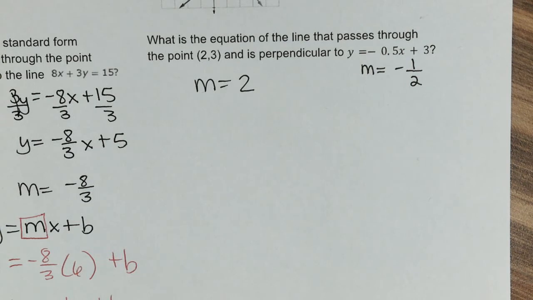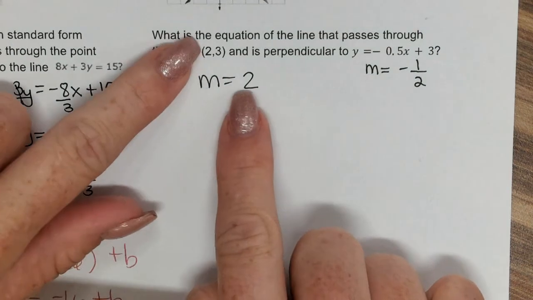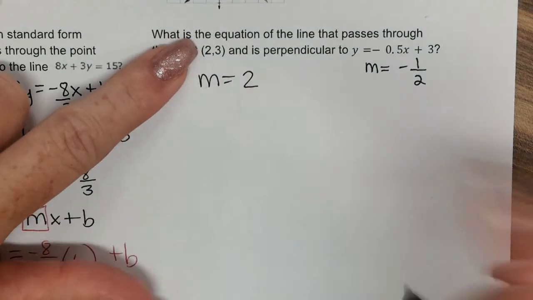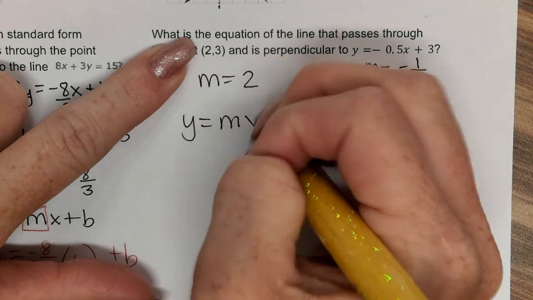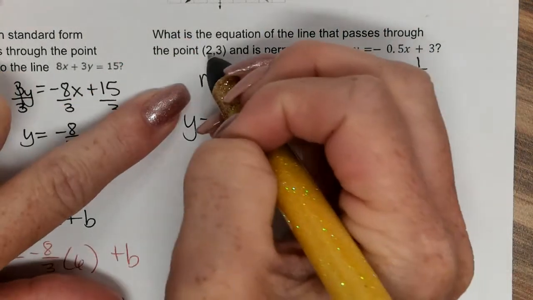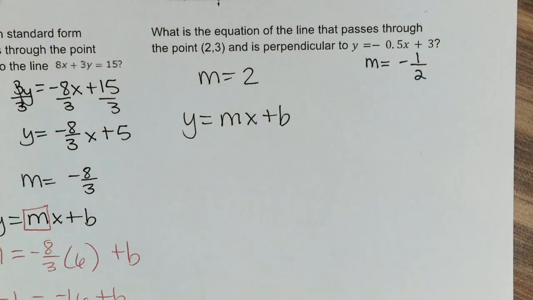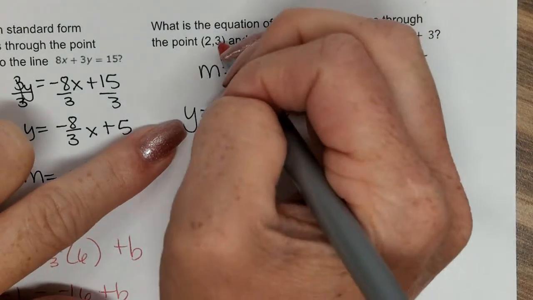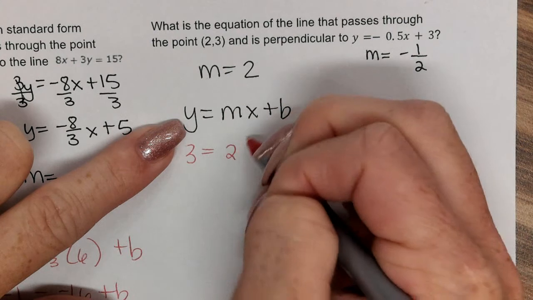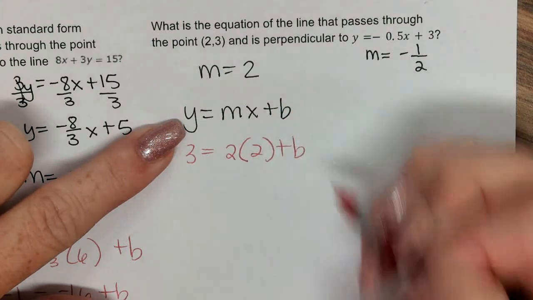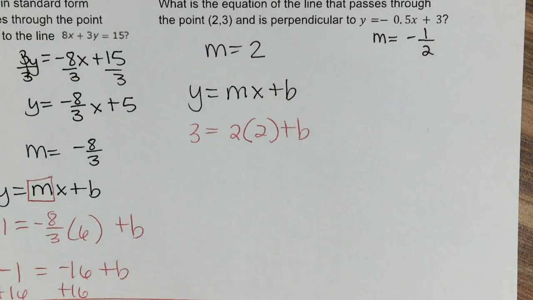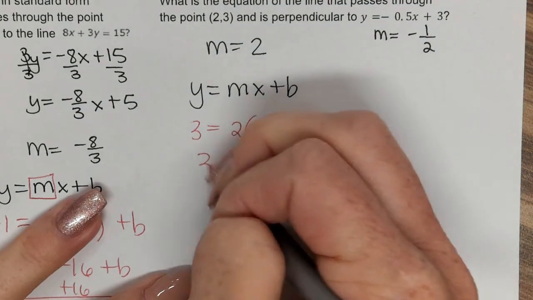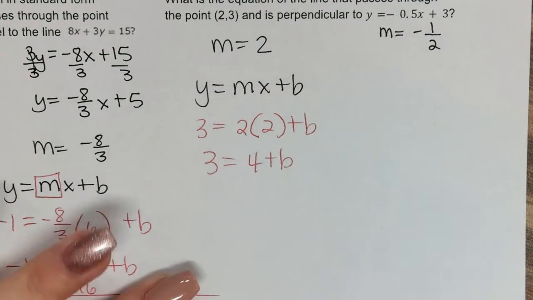And now I can either use point slope form and make an equation out of that, or I can do y equals mx plus b and plug in the m, the x, and the y and solve. You choose which way you want to do it. I'm going to plug in 3 equals 2 times 2 plus b. Are y'all good with what I'm doing? Okay, so 3 equals 4 plus b.